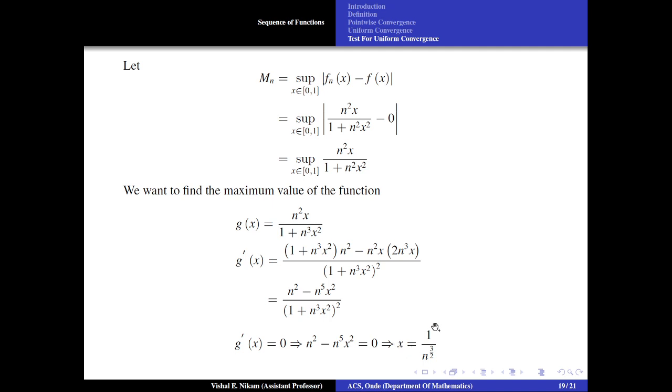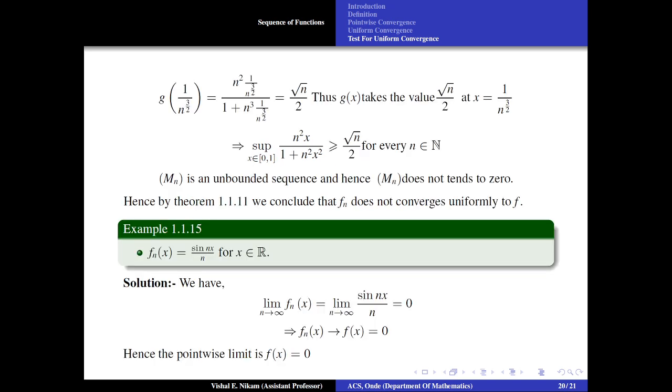So we get x is equal to 1 upon n to the power 3 by 2. That is, we get the maximum value at x is equal to 1 upon n to the power 3 by 2. Now substituting here, we get g is equal to square root of n by 2. That is, we get the sequence Mn is equal to under root n by 2. Now as n tends to infinity, we can say that Mn never tends to 0.